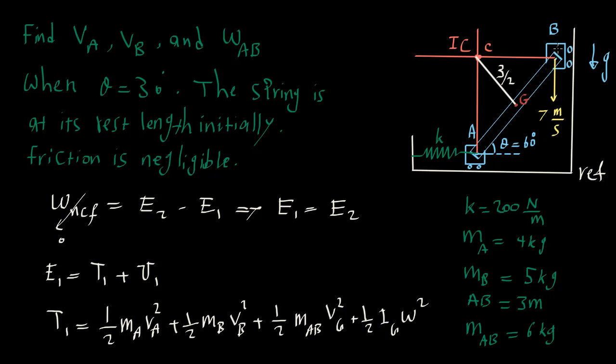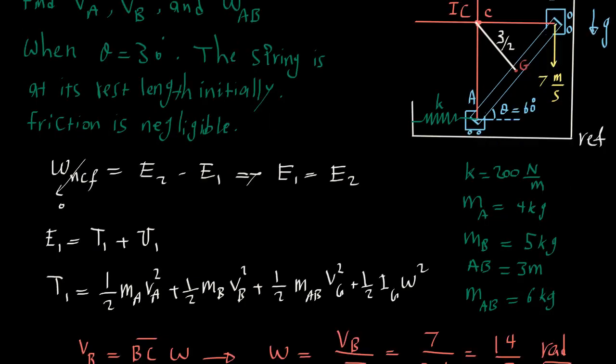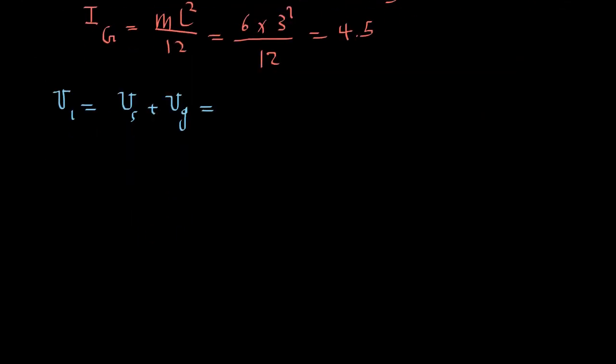For particle B, we can say this would be mg times this height, which is basically 3 times sine 60. For link AB, it's mass times g times the height of the center of mass from the reference line, which is basically half of this distance. So it is 3 times sine 60 over 2. MA is 4 kilogram, MB is 5, we need MB.